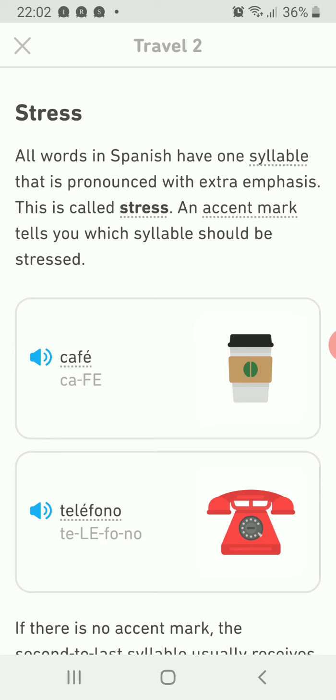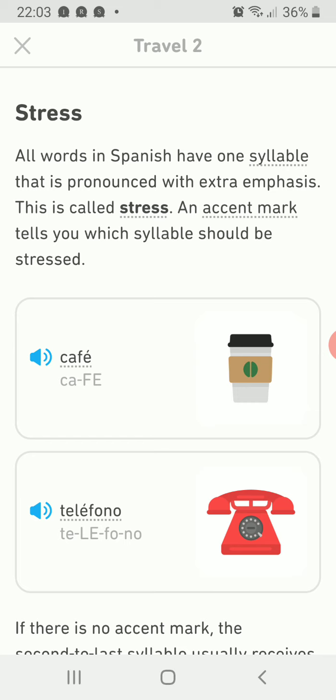Stress. All words in Spanish have one syllable that is pronounced with extra emphasis. This is called stress. An accent mark tells us which syllable should be stressed. Sometimes there is no accent mark, and then it is the syllable before the last that should be accented. So café.